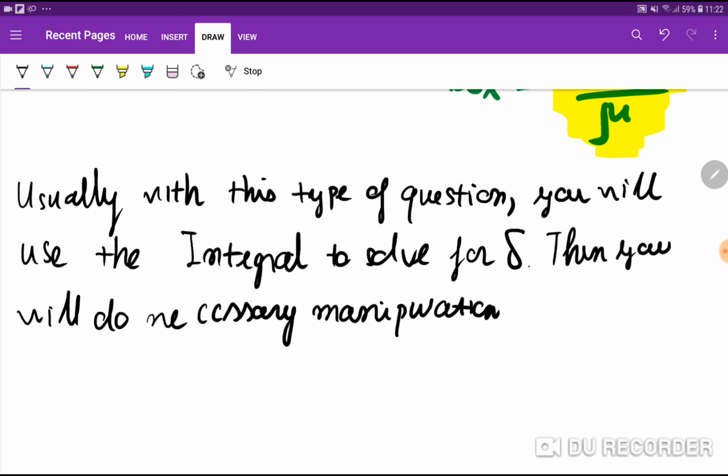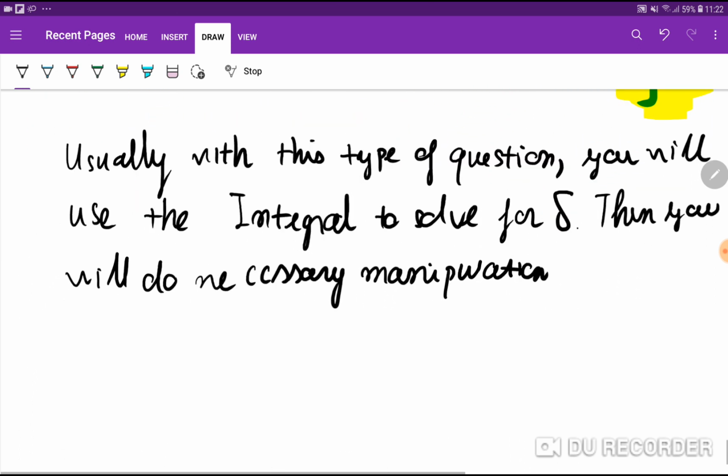I will break down this problem into 3 steps. First, you use the integration, then you solve for the profile, and then you take the derivative. I'm sorry.